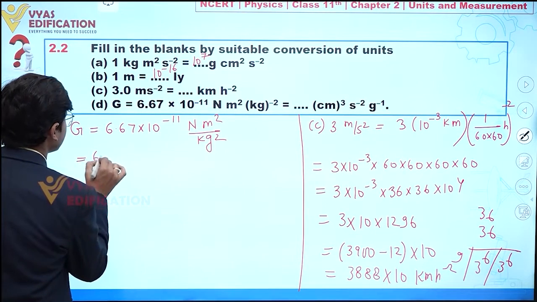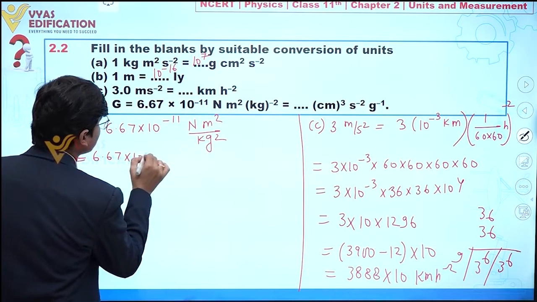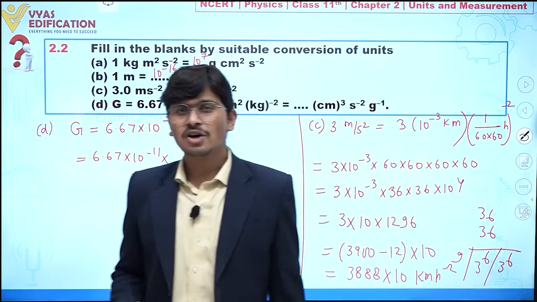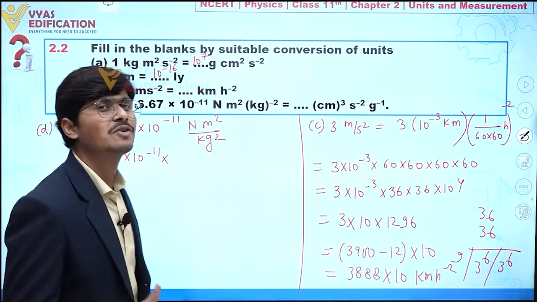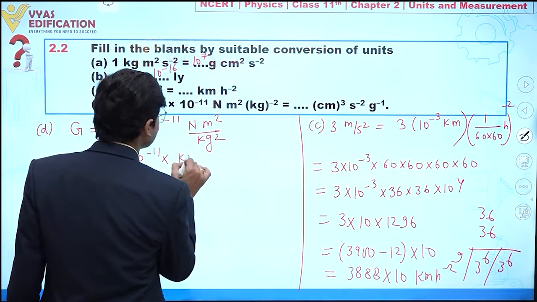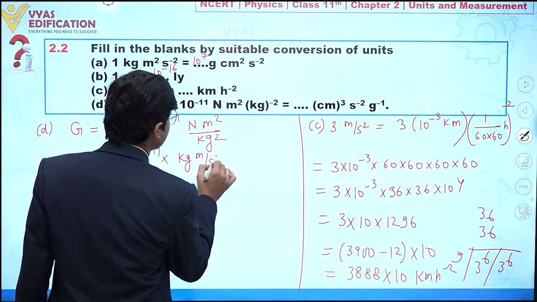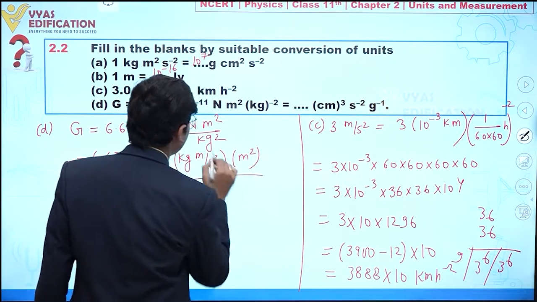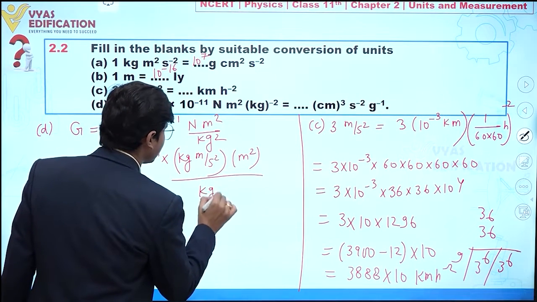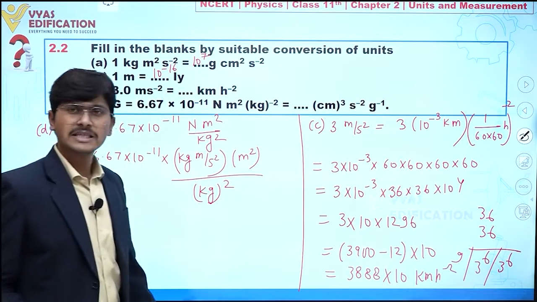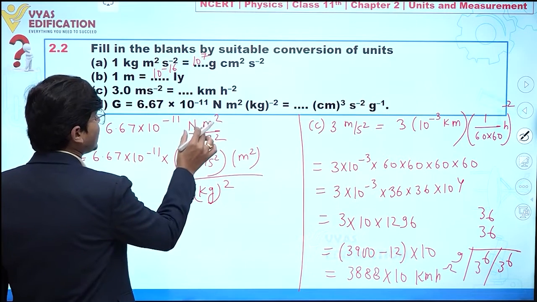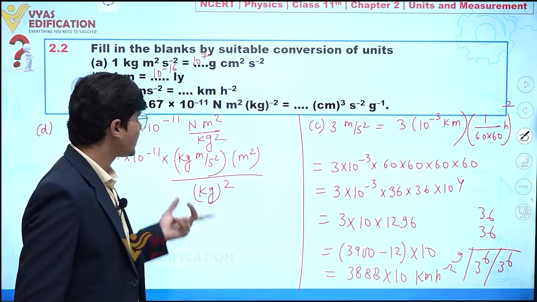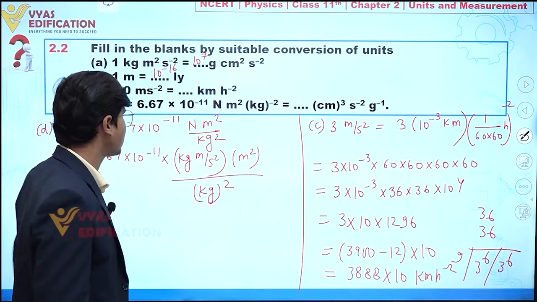We can write like this: 6.67 into 10 to the power minus 11, this is Newton. Newton is a unit of force. We can write force equal to mass into acceleration. So this is kilogram meter per second square, clear, and this is meter square divided by kilogram square.